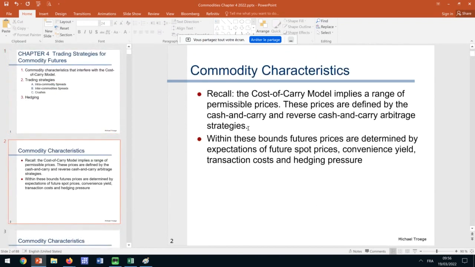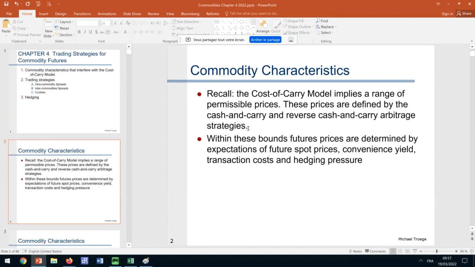Now, the first part here is just a reminder of what we just said. The cost of carry model implies a range of possible prices. These prices are normally upward sloping, at least if there are not a lot of transaction and storage costs.